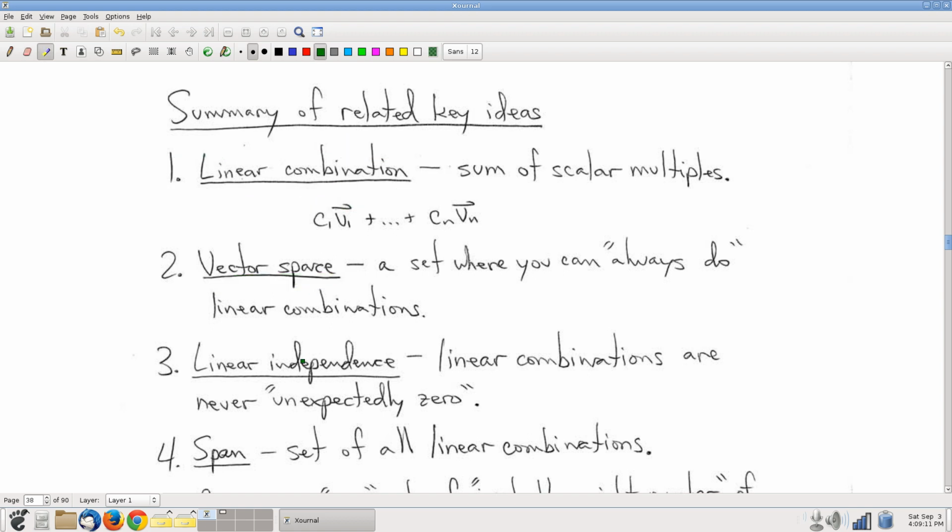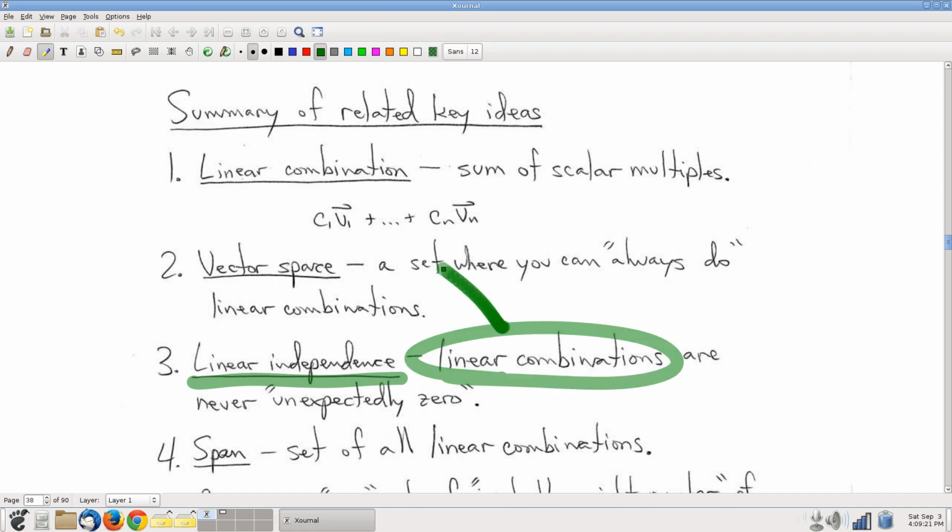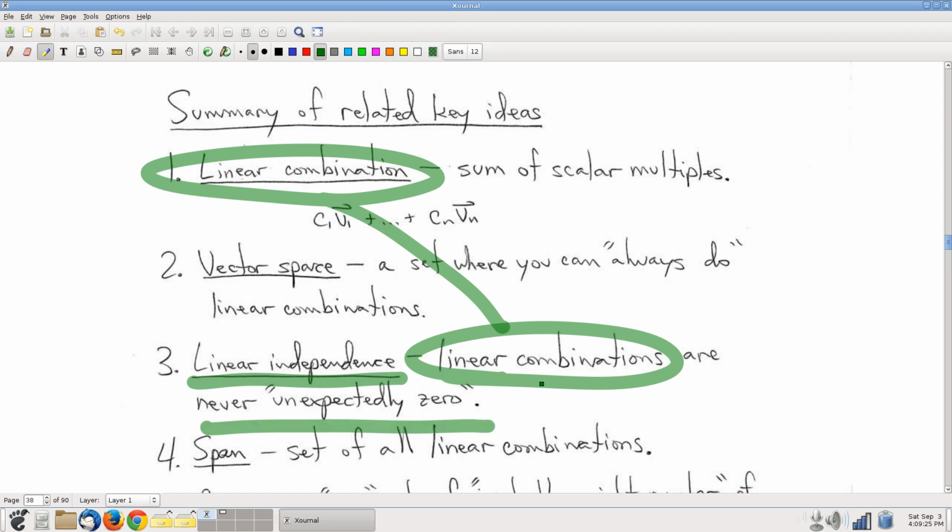Okay. We talked about the idea of a list of vectors being linearly independent. Well, this too is a statement about linear combinations. Specifically, linear combinations are never unexpectedly zero. This is an alternative phrasing. We didn't say it exactly this way at the time, but by unexpectedly zero, I'm pointing out that if we're looking at the trivial linear combination, then of course you're going to get zero.